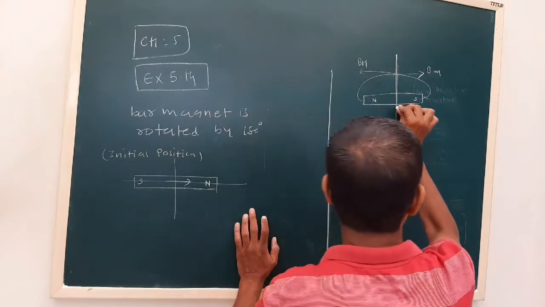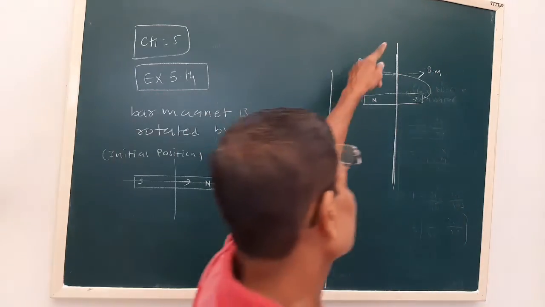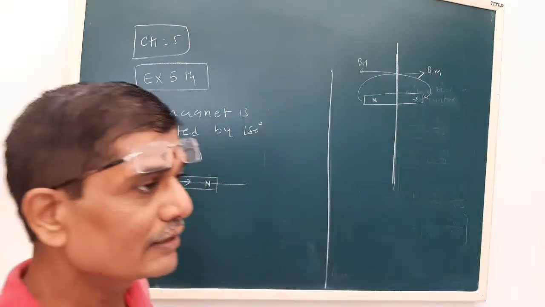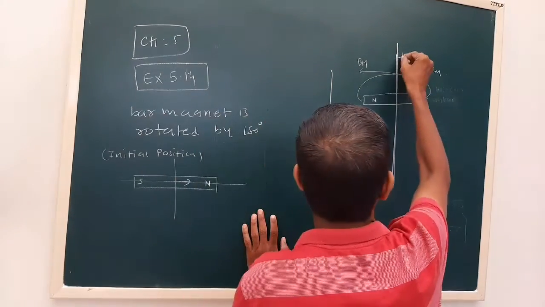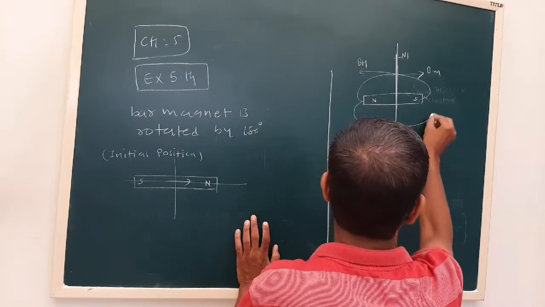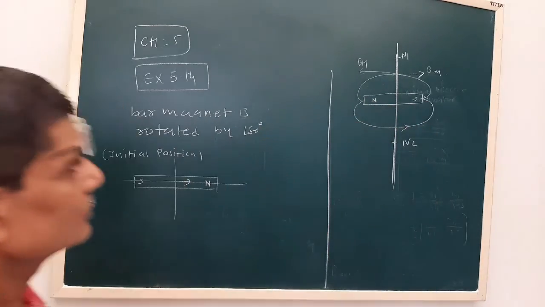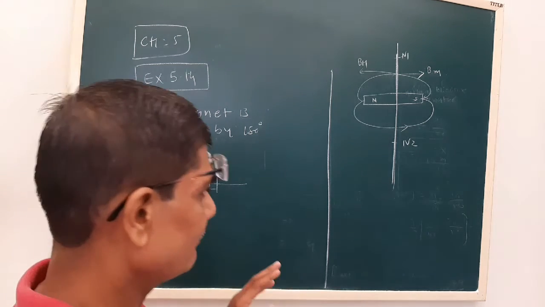Now see this line, it was somewhere on this line. What do we call this line? This line is nothing but the equator. The null point can be here, N1 or N2 also. Why? Suppose I consider the magnetic field like this. So what we see here, the null point will be on the equator.